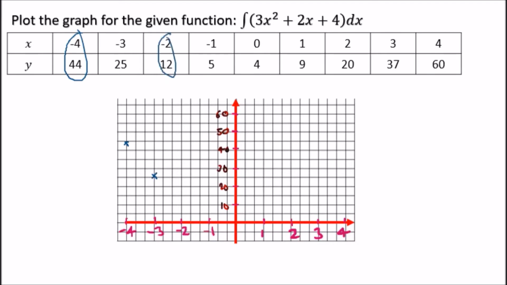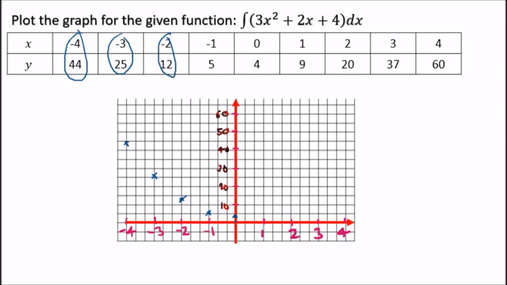Minus 2 and 12, 12 is between 10 and 15, so it's around here. Minus 1, 5, so it should be here. Then 0, 4, so 0 is in the center, 4 is just a bit less than 5, somewhere here. So you can see it looks like a nice swift curve.